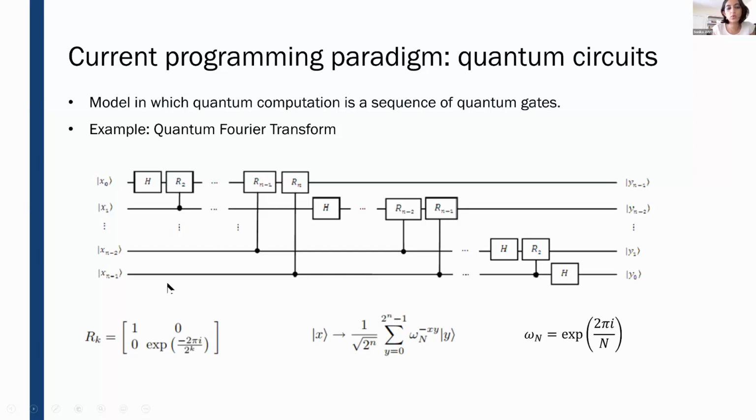The way to read this diagram, it's almost like a musical score, right? On the horizontal axis is time, and each vertical time slot corresponds to the action of a quantum gate. So for instance, this box is signifying a Hadamard gate acting on the top qubit, and this symbol is signifying a controlled rotation gate acting between the top and the next to top qubit, and so on.